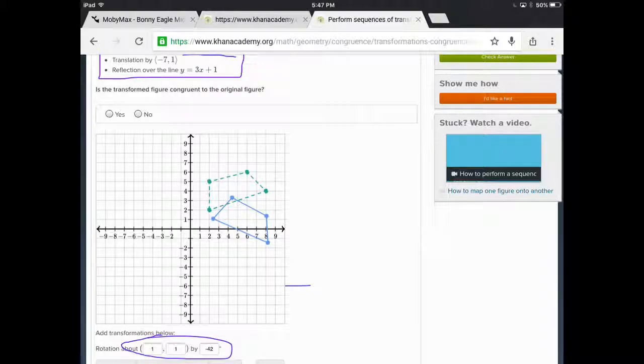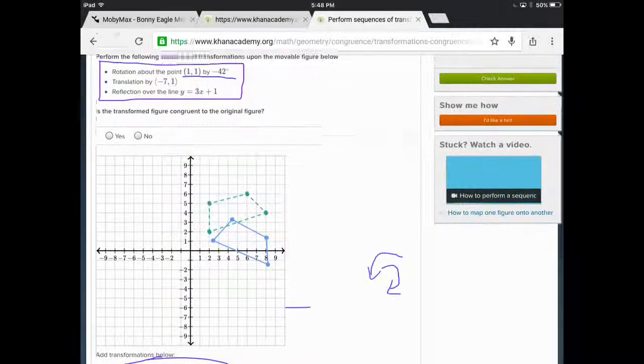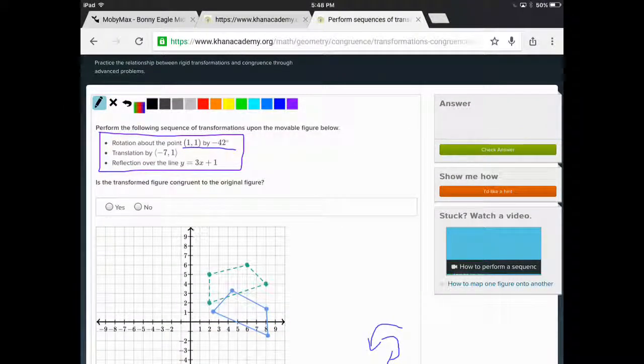It doesn't actually allow me to put in that point. You can see where it's rotating around the point 1, and it's about negative 42 degrees. Notice that negative 42 degrees is in a clockwise direction. If it was a positive 42 degrees, it'd be in a counterclockwise direction. Okay, so those are just a couple of things to observe.